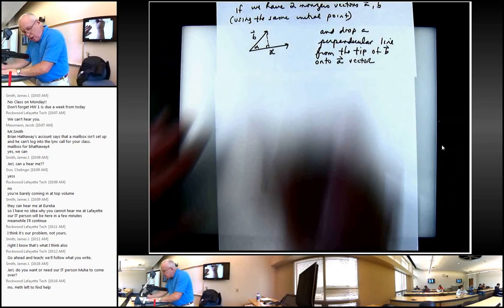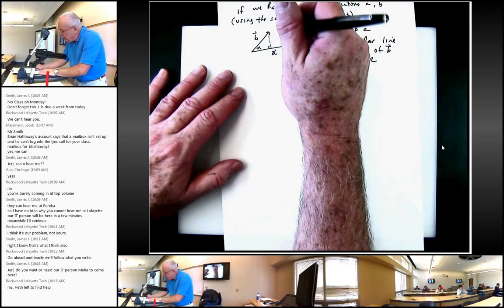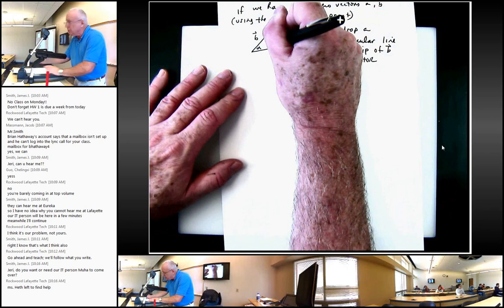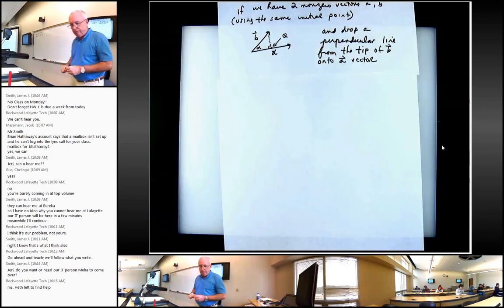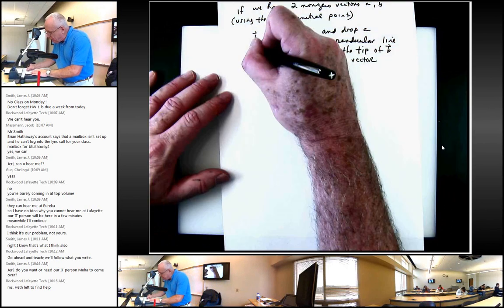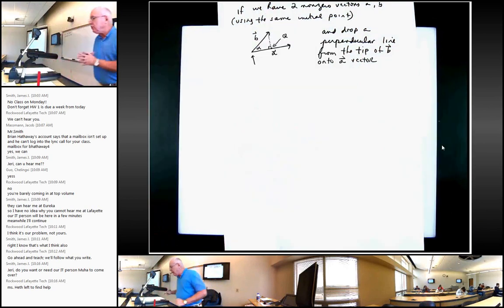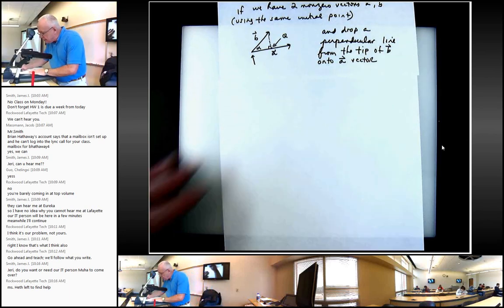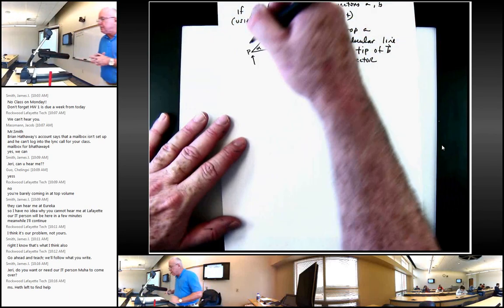Let's call this point right here the letter Q, and let's also call the point where the two vectors meet at their tails the point P. Let's just give them some labels.